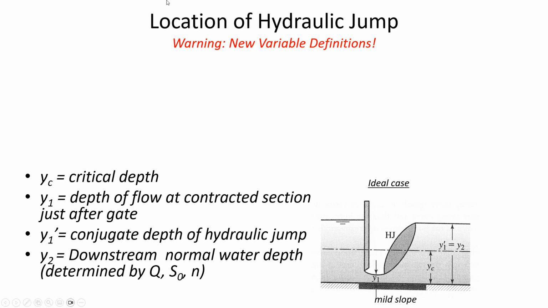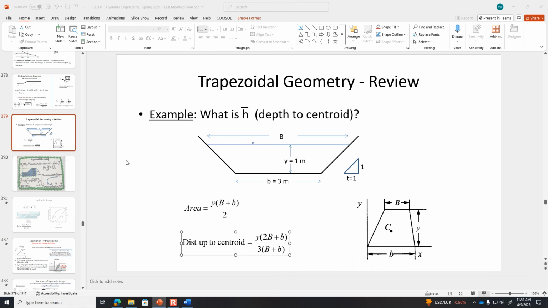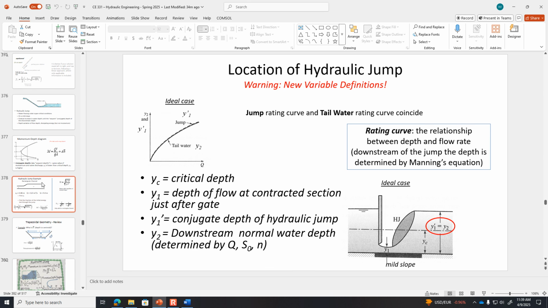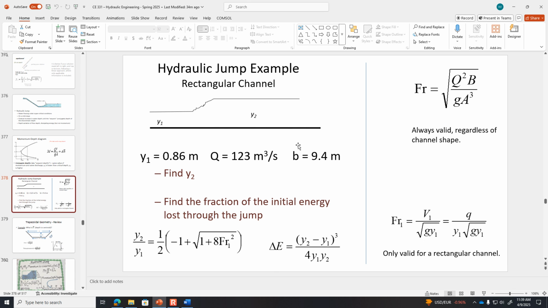Well, your book uses that in the section related to hydraulic jumps to talk about the conjugate depth of a hydraulic jump. So in other words, in the Belanger Momentum Equation, which I just showed you, Y1 is upstream, Y2 is downstream.